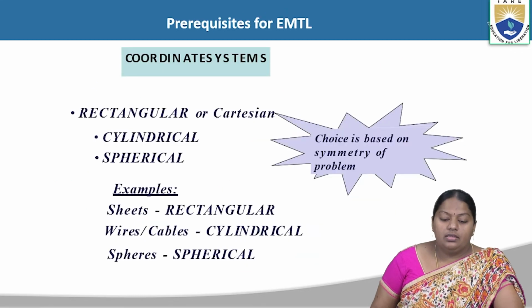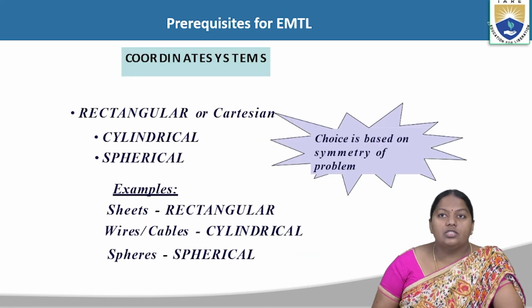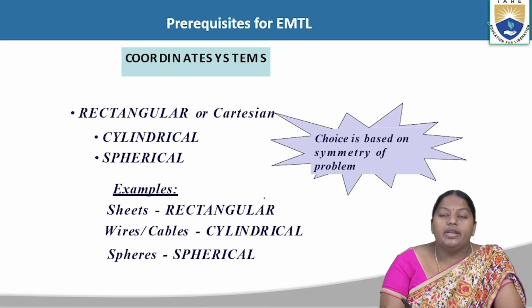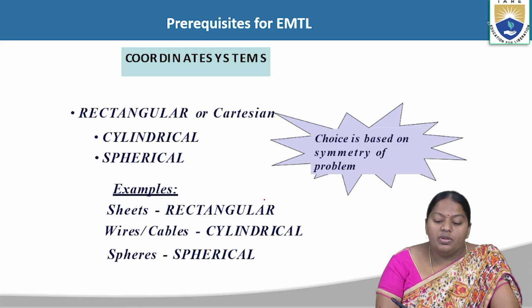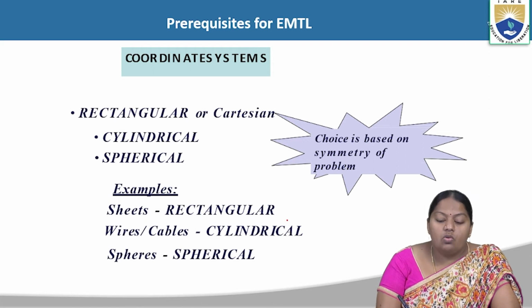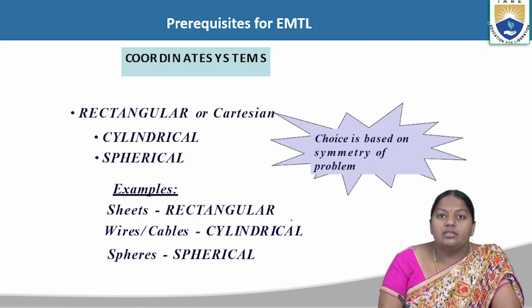Then a second prerequisite for electromagnetic waves and transmission lines is that they are represented with coordinate systems. What do we mean by a coordinate system? A coordinate system is a curvilinear system in which all coordinate surfaces are mutually perpendicular to each other, or all the surfaces of the coordinate system are orthogonal to each other.